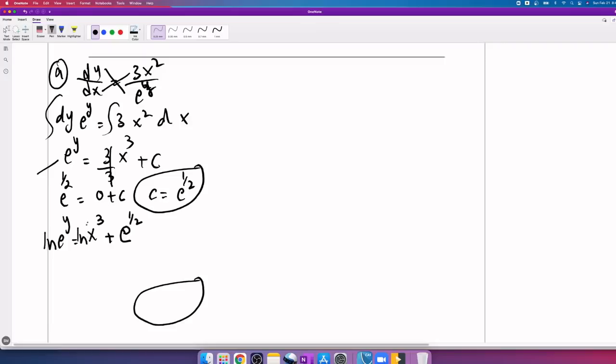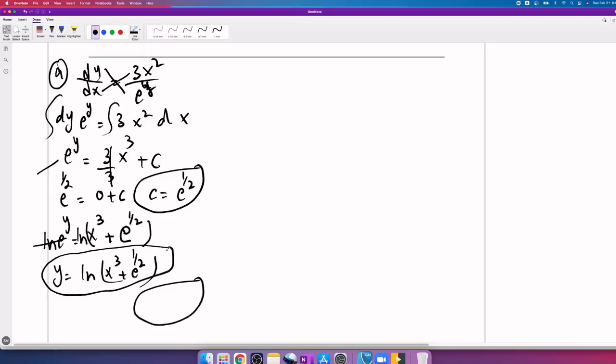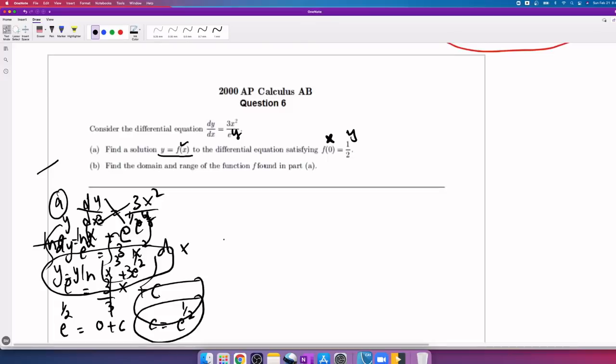And ln is the base, so they cancel out. I'm left with y equal ln of x cubed plus e to the half in the parentheses. So I got the y by itself, and this is what my answer is. You can also write e to the half as a square root. That's another thing.